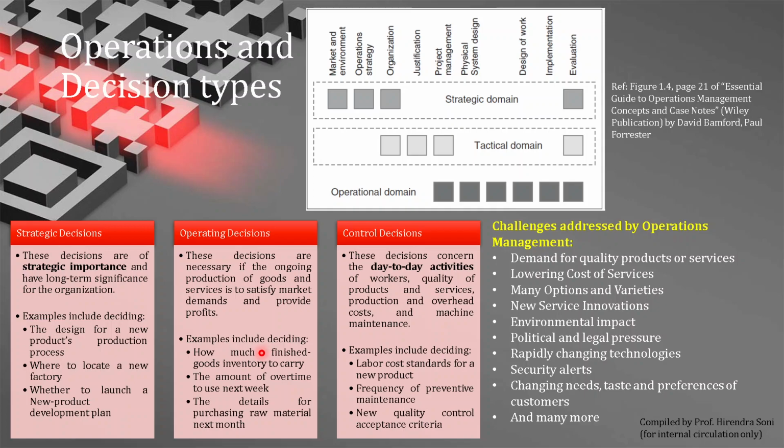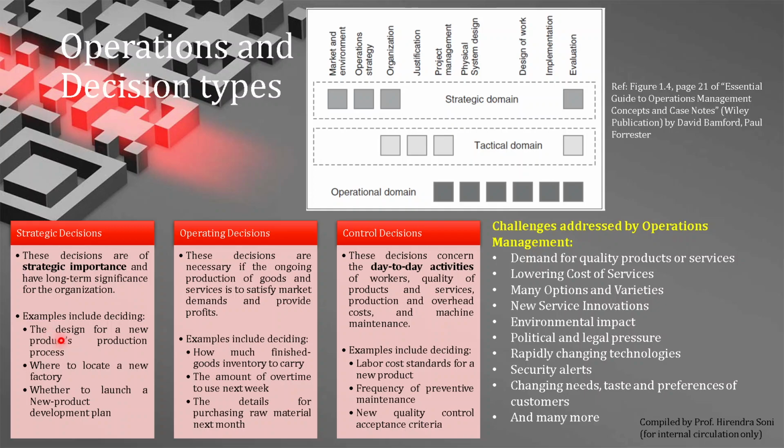Here we would be taking decisions like deciding how much finished goods inventory to carry, what amount of overtime to be used for the next week, and details for purchasing raw material next month. Even payment terms, who would be your suppliers, all these things will be your operating decisions. Now, whether you want to have a single supplier or multiple suppliers, whether you want to operate from a single location or multiple locations, these are decisions which are strategic in nature and are covered under strategic decisions.